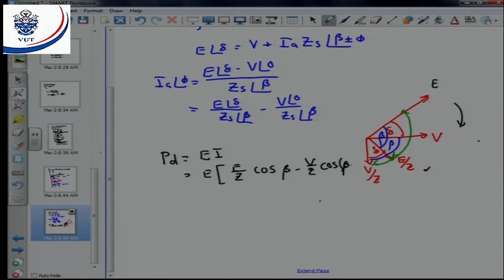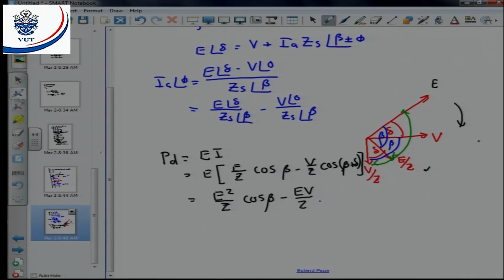And the output power will be VE over Z cos of beta minus delta minus V squared over Z cos beta.